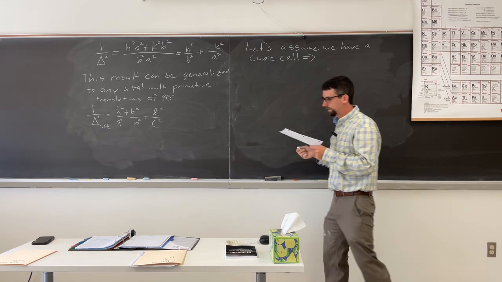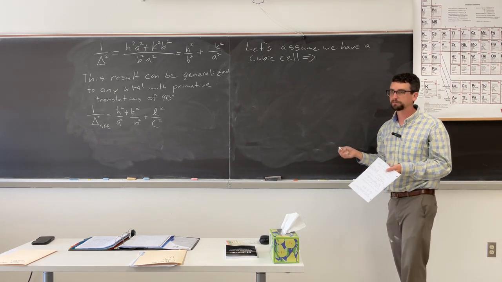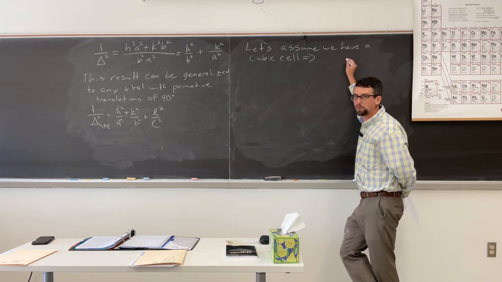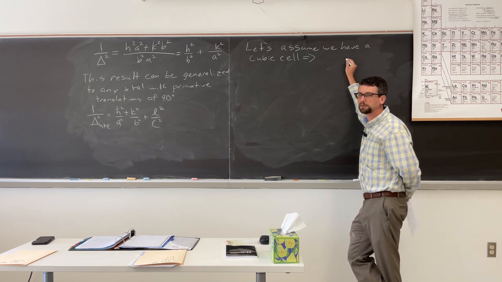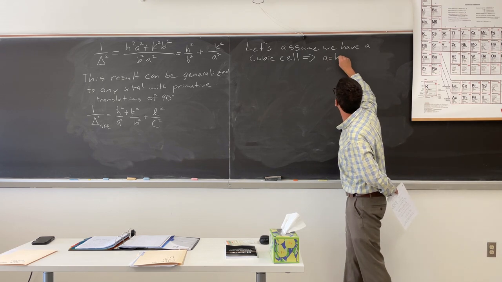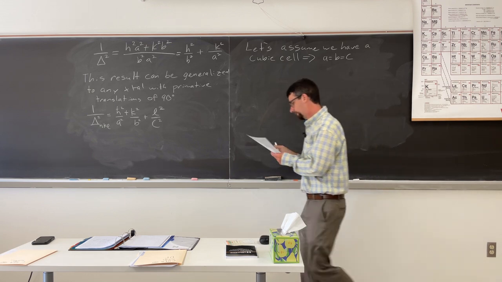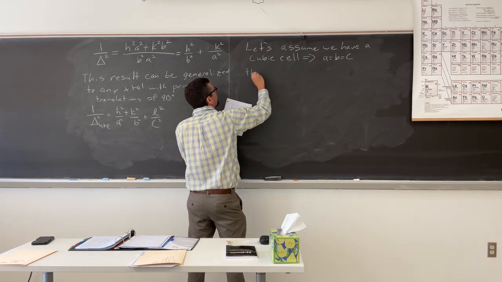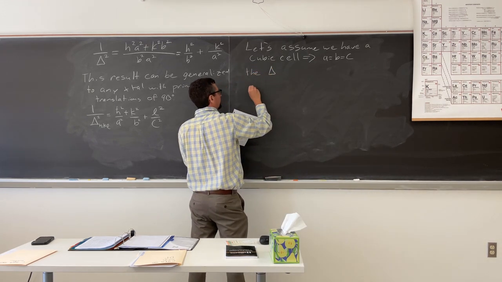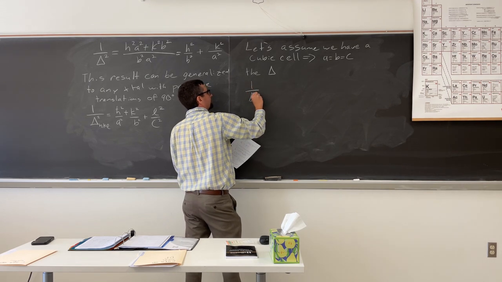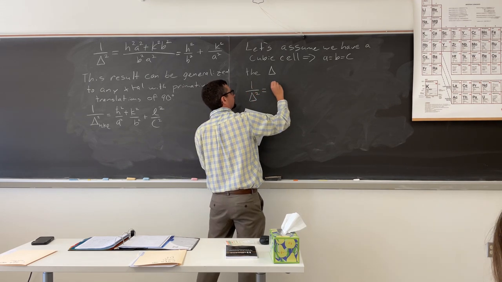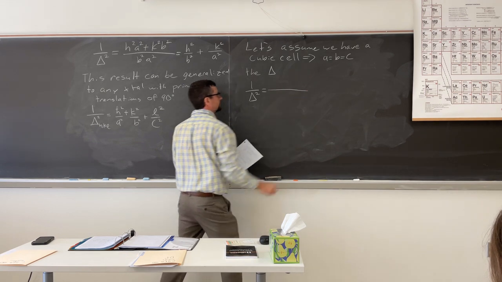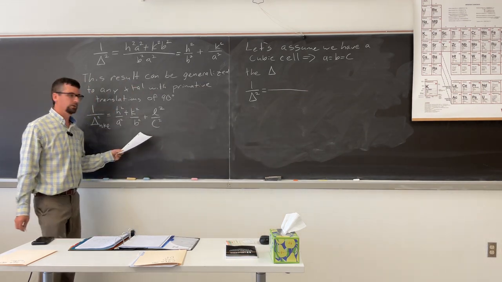A cubic cell, what does that tell you? What about the lattice vector lengths? Okay. Then delta, if we look at our delta expression, how's that going to change for a general equation?